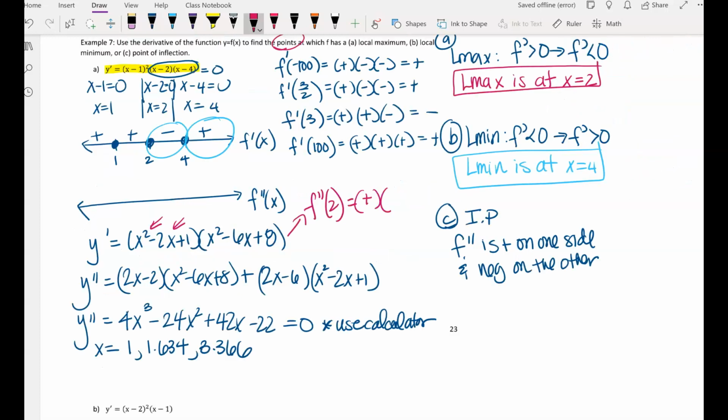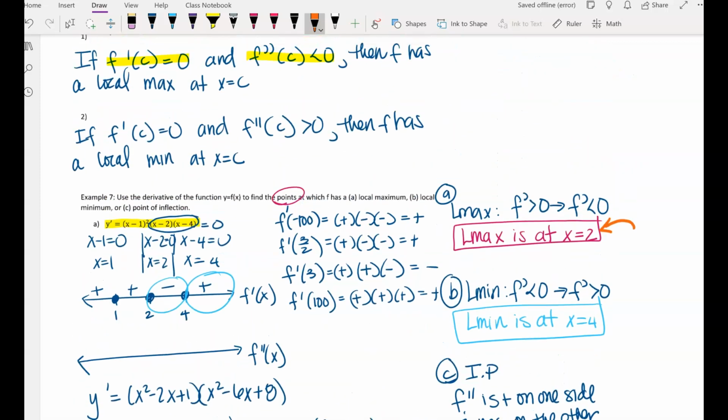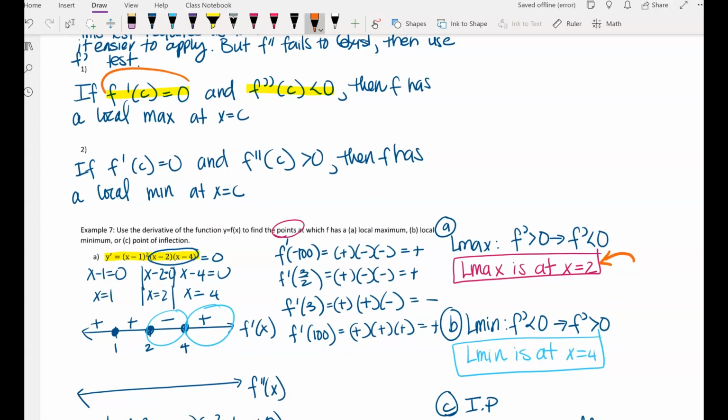All right, so earlier we got this answer, guys, from the first derivative test, but technically the second derivative test says, if f prime of 2 equals 0, which is how we get the 2, and then when we plug x equals 2 into the second derivative, it has to be negative, and that means it's a local max.